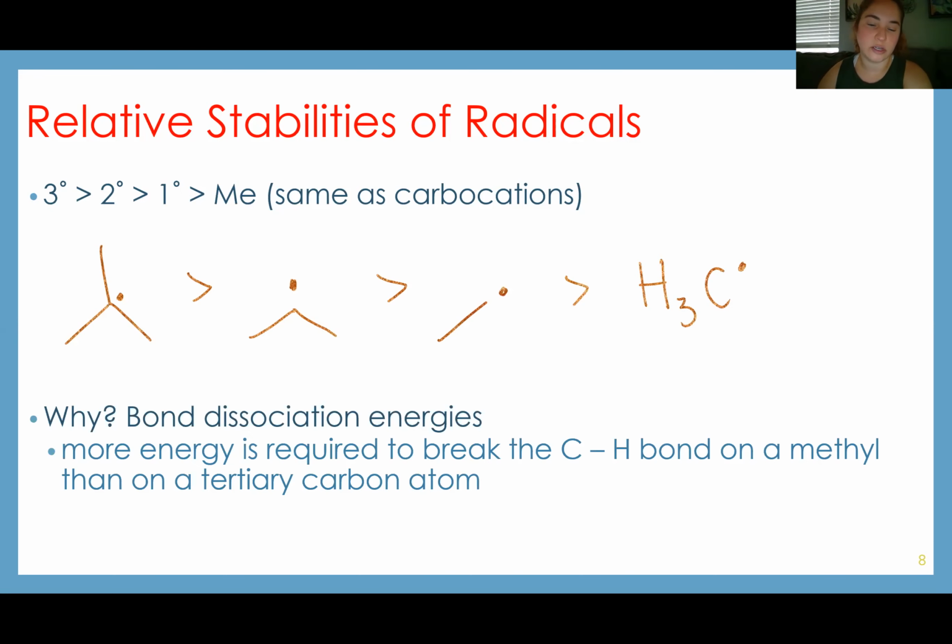The bond dissociation energy is also related to the hyperconjugation. If you have a carbon-hydrogen bond on a methyl group, there's not as much hyperconjugation stabilizing that. But if you have a tertiary carbon atom, you have the hyperconjugation of overlap with the other carbon-hydrogen bonds around here. And that can help stabilize the intermediate as you form the radical.